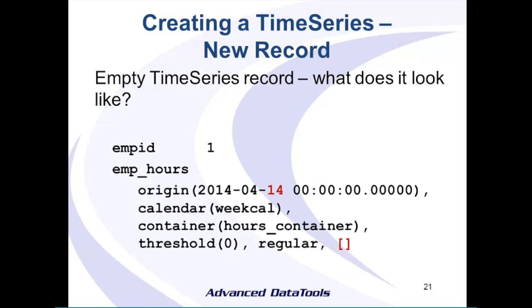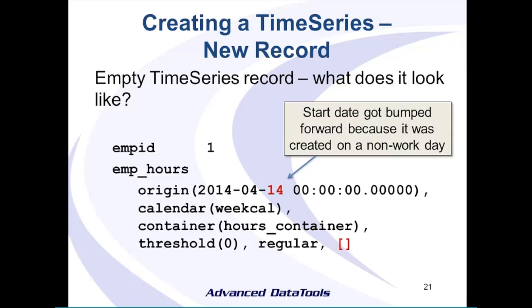When we're actually looking at the data now, these are those special, it's almost like metadata. We've got our origin specified, our calendar, our container, threshold, and it's a regular timestamp. And see, there's the start date getting bumped. And these square brackets show that there's no time series data because we haven't added anything yet.